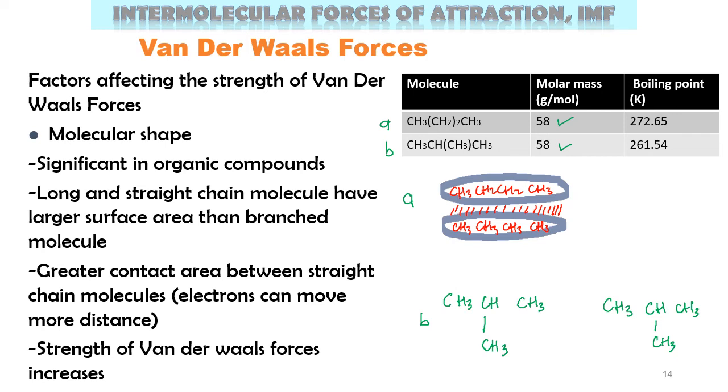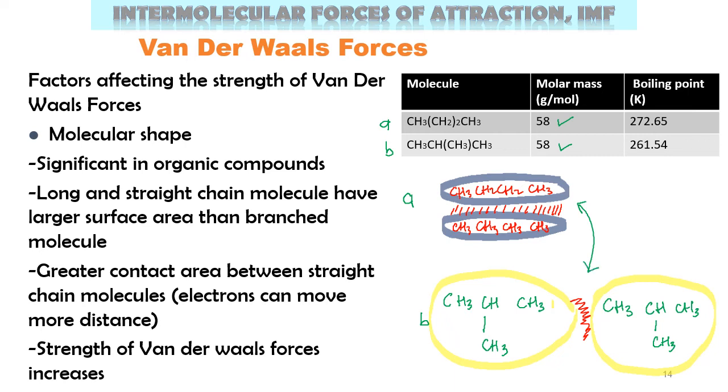So bila branch, the shape will be begini for the first one, and then for the second one, you can see the surface area in contact will be smaller. Okay, so surface area in contact for both molecules here will be smaller compared to the structure of butane. Okay, kalau kamu compare these two lah.